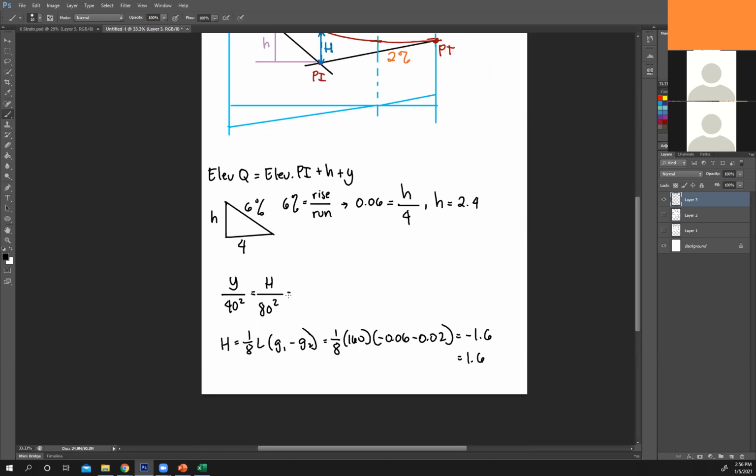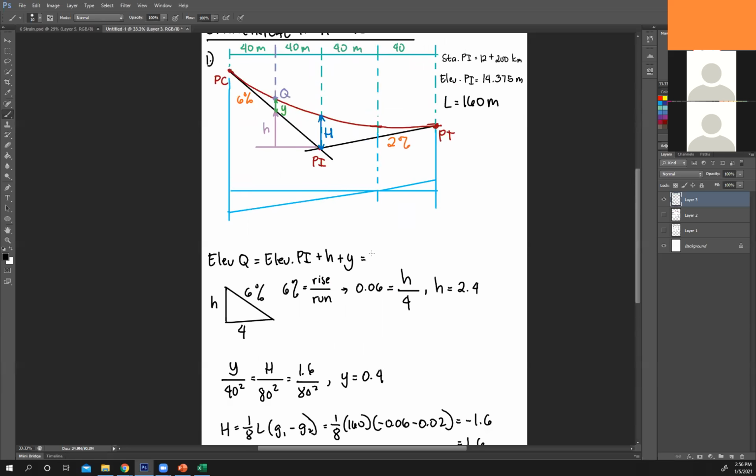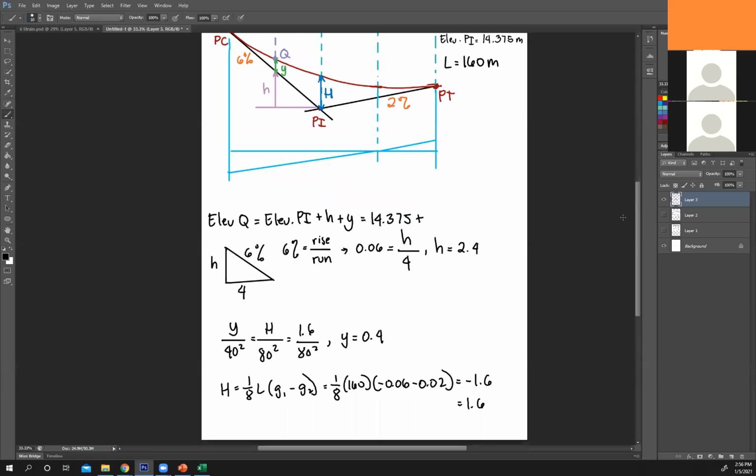So Y equals 1.6 over 80 squared. Then solving for Y, you get 0.4. Okay? So now solving for this, finally, elevation PI, 14.375 plus h, which is 2.4 plus 1 plus 0.4.